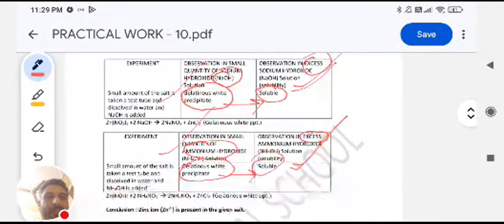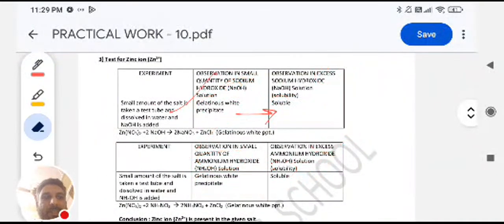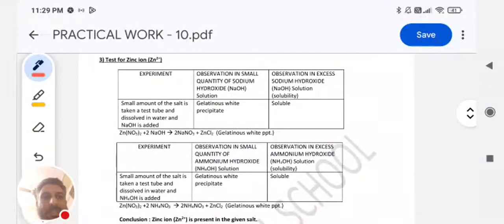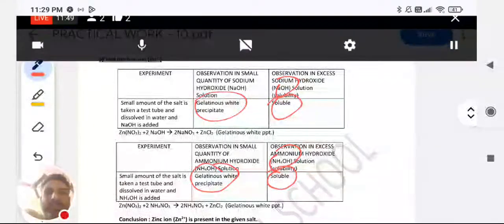And the next one is zinc. Zinc will give you a gelatinous white precipitate with both the reagents, sodium hydroxide and ammonium hydroxide, and with both reagents in excess the precipitate is soluble.